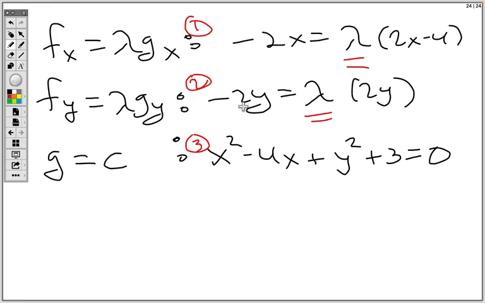Okay, so we've got the classic substitution and elimination kind of thing. Basically, you look at these equations and pick one that looks easy to work with. We've got equation 1, equation 2, equation 3. Which one do you want to start working with? You've got to figure out what x, y, and lambda are.